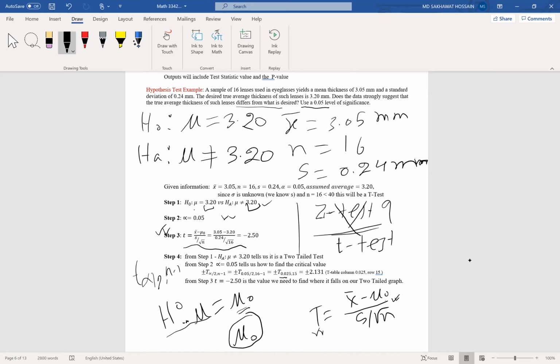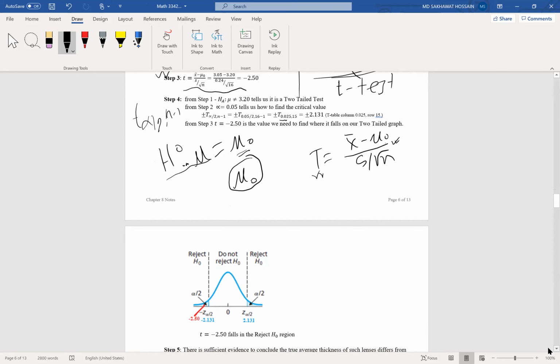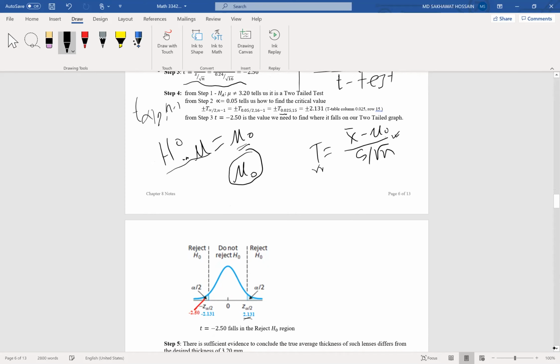One value will be 2.131, with positive sign, and the other one will be negative 2.131. Actually, it is not z, it should be t. So it is t alpha over 2, n minus 1, which is this one, and this one is negative t alpha over 2, n minus 1.